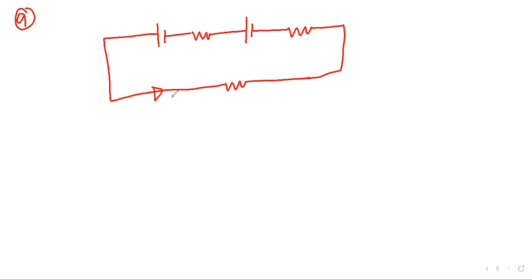Current I is passing through it, and the resistance is 4 ohm. This is a 2 volt battery with 1 ohm resistance, this is again 4 volt, and this is 1 ohm. Everything is known, voltage and resistance. You have to find the current passing through it.